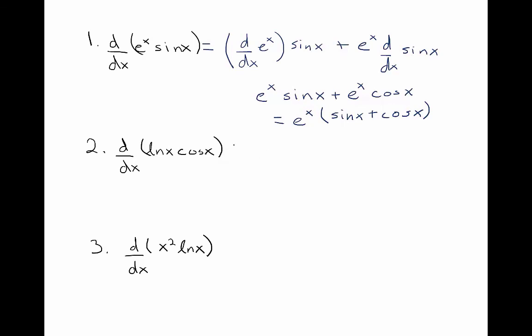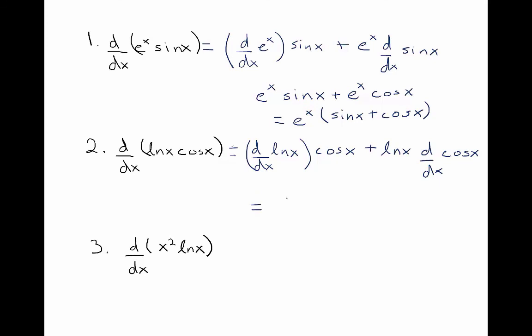Alright, so this next one, we're going to take the derivative of log, then we're going to multiply that times cosine x. Then we're going to leave log alone and take the derivative of cosine.